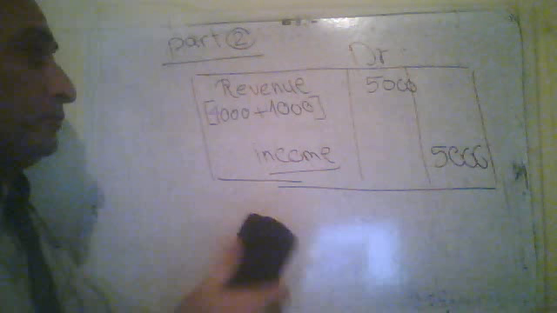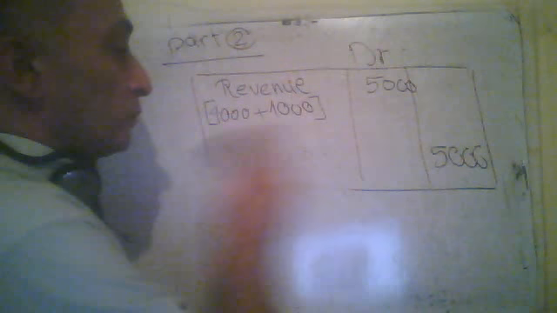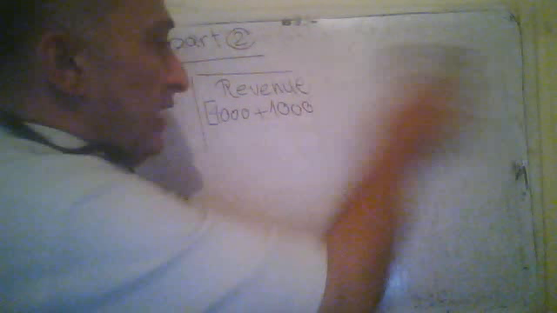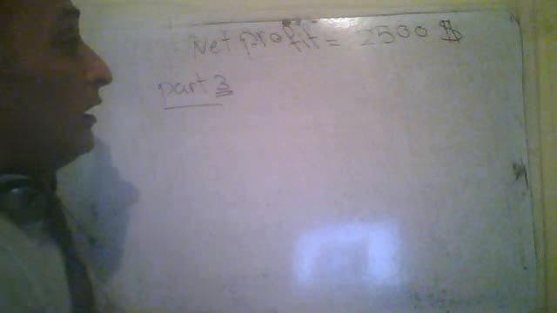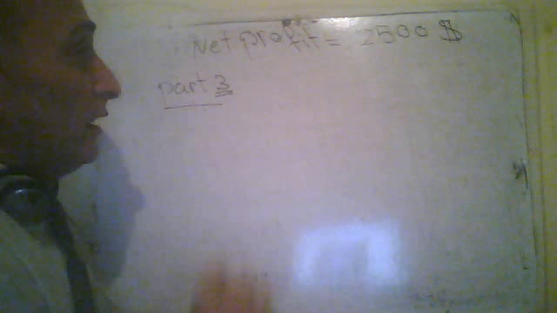Now, when I make income statement, I have net profit equal $2,500. In part 3, I have closing entries for net profit like that.